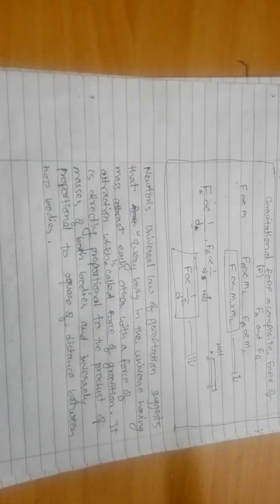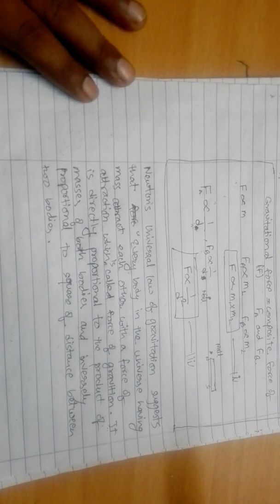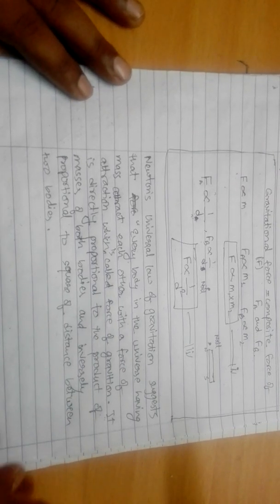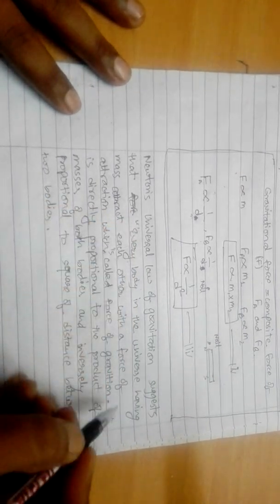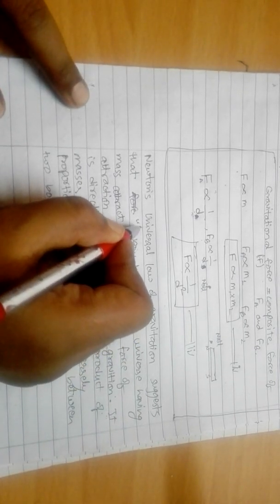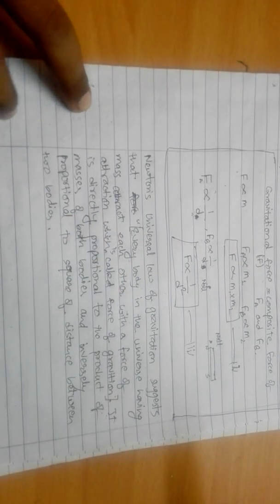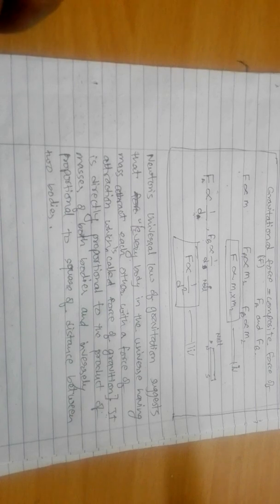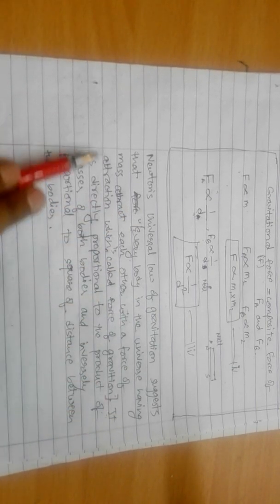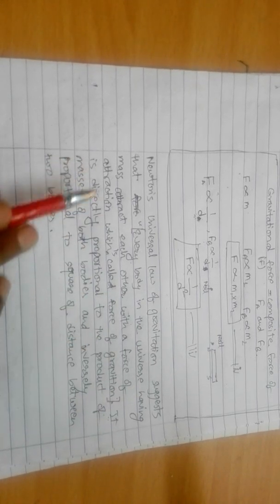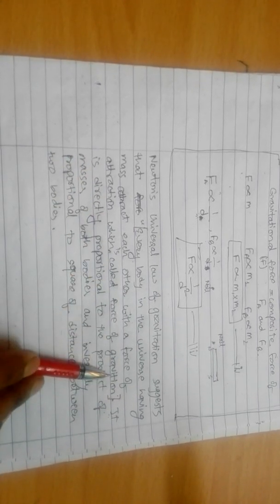Actually it seems very long, but it is not very difficult to memorize. Just break it into three parts. From here to here, it is one statement which we have used to define gravitation: every body in the universe having mass attracts each other with a force of attraction which is called force of gravitation.